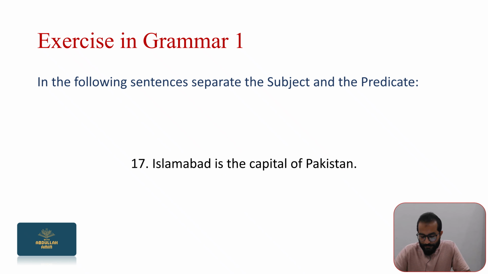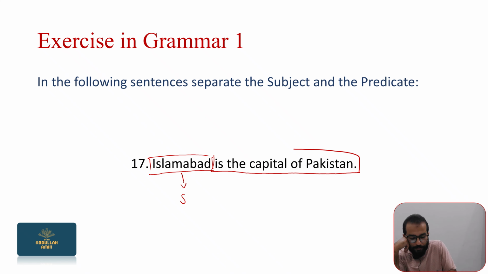Then we have the 17th example, which goes like Islamabad is the capital of Pakistan. Over here the very first word, the name of the city Islamabad, is the subject, is the capital of Pakistan is the predicate.